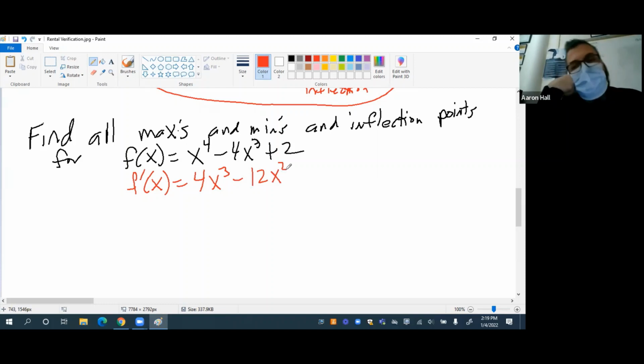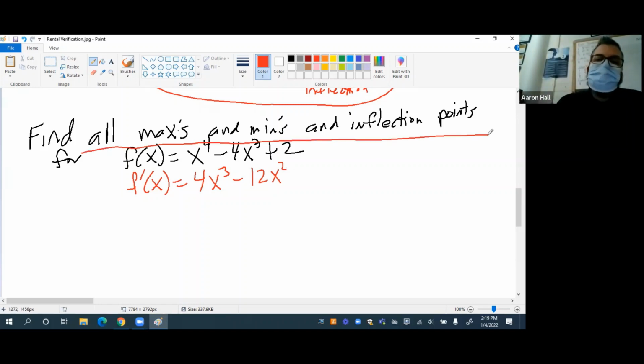Okay, now what? The goal is to find the maxes, mins, and the inflection points.